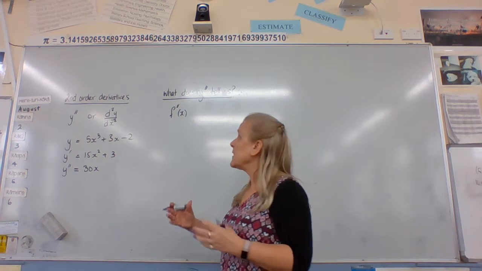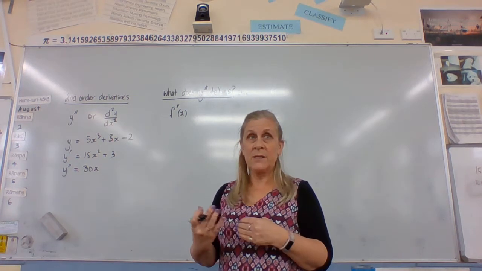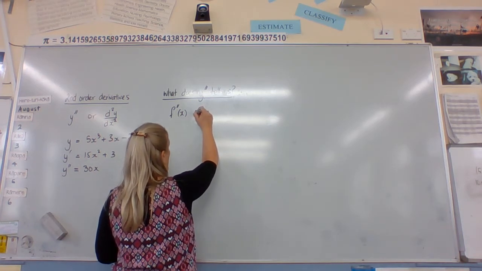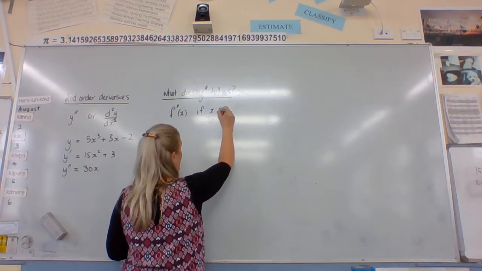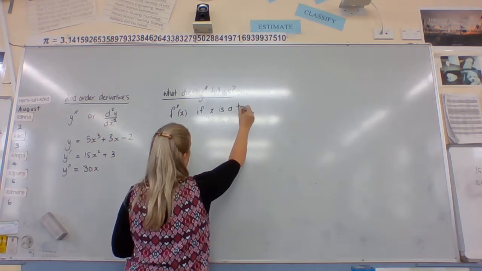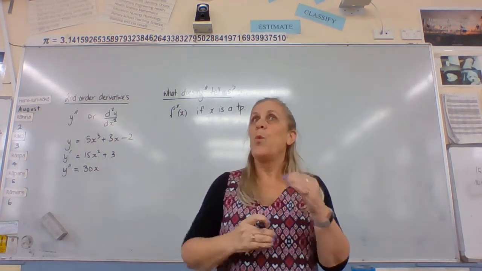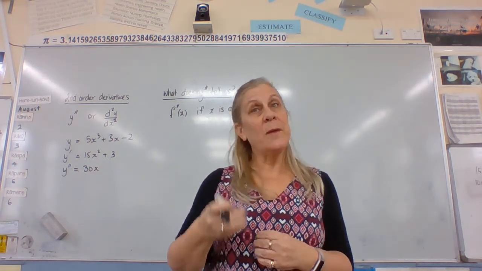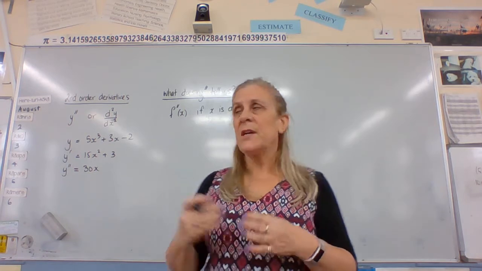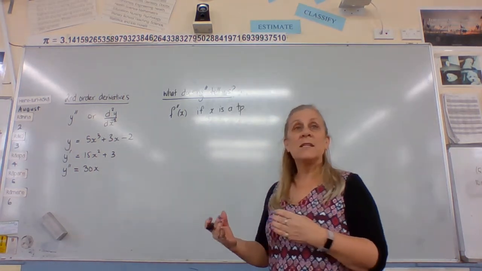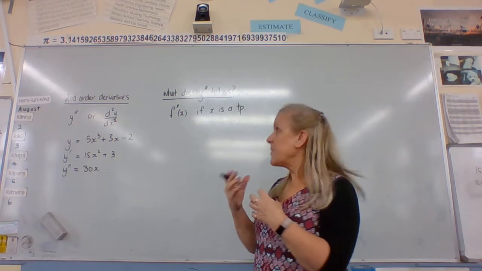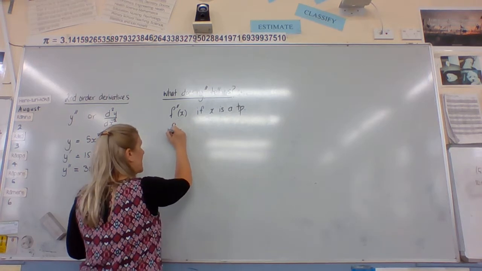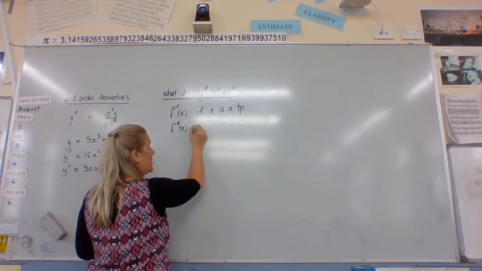It could be that if x is a turning point, it will tell me whether or not my turning point is a maximum, a minimum, or perhaps something else. There's not a lot of other choices, probably a turning point, but it tells us that something is happening at that point.